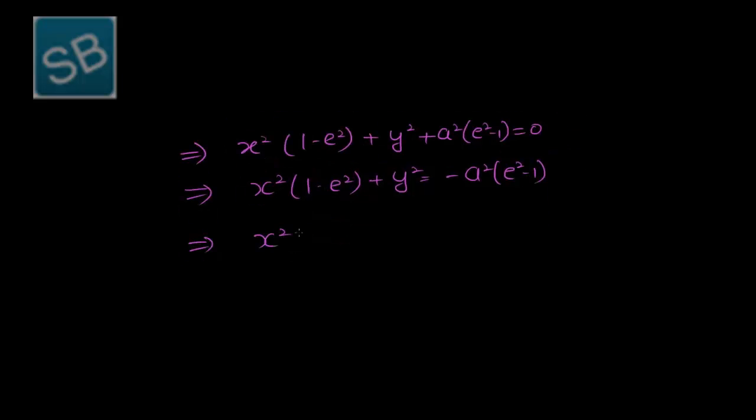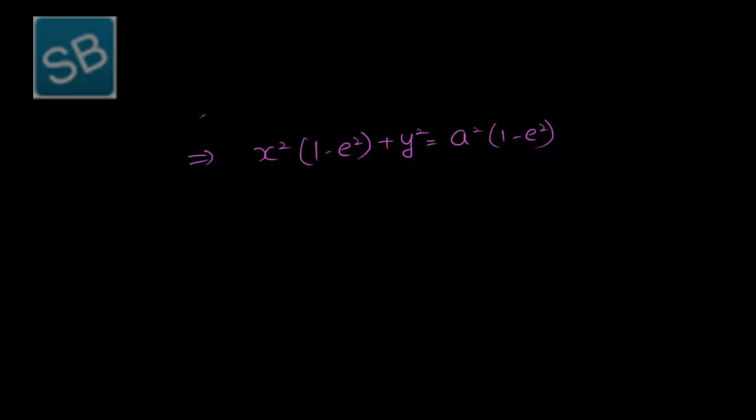So we get x square into (1 minus e square) plus y square equal to a square in the bracket multiplied by minus 1, we get (1 minus e square). Now dividing the whole equation by a square times (1 minus e square), we get x square over a square plus y square over a square into (1 minus e square) is equal to 1.